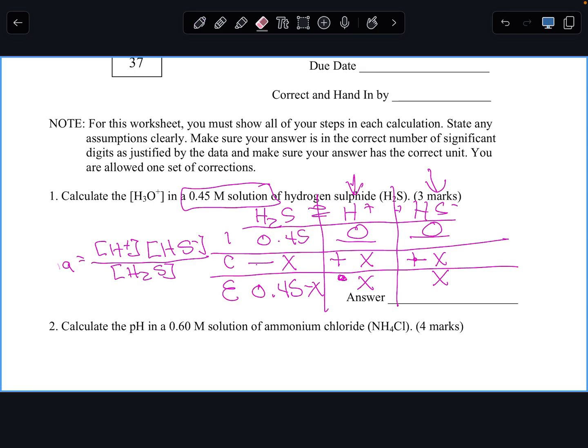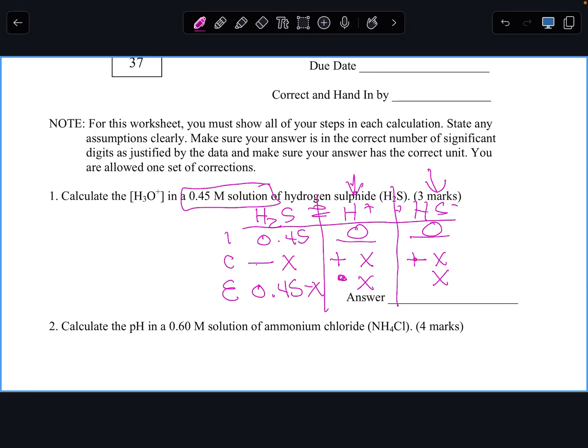This gets to be sort of the fun part here. Anybody who's got a graphing calculator. So far, I haven't had anybody who already knew how to do this. I'm going to give you that my Ka, do I have it backwards here? My Ka is given as 9.1 times 10 to the minus 8.